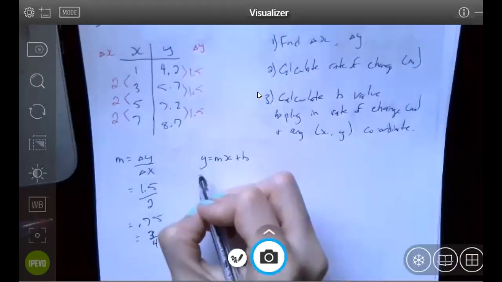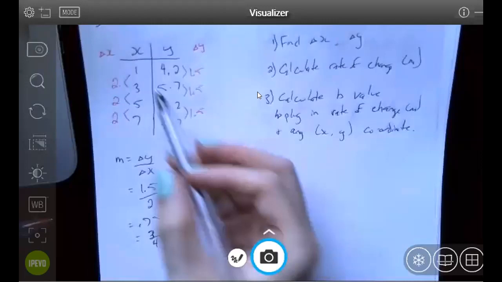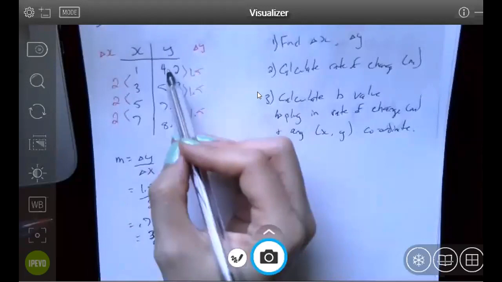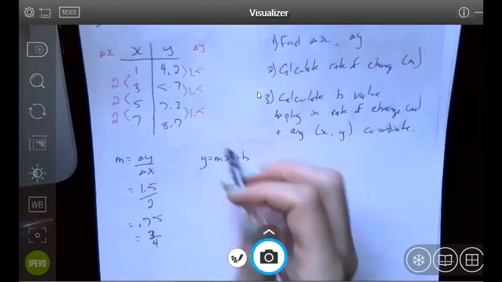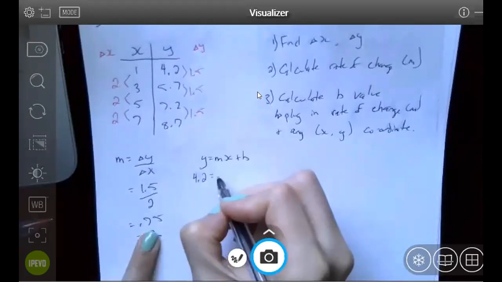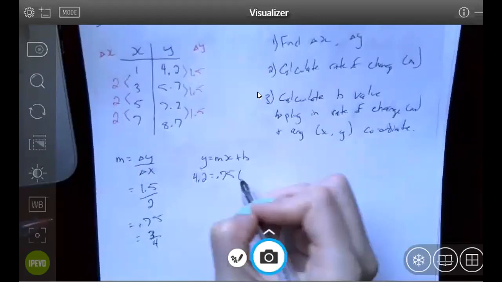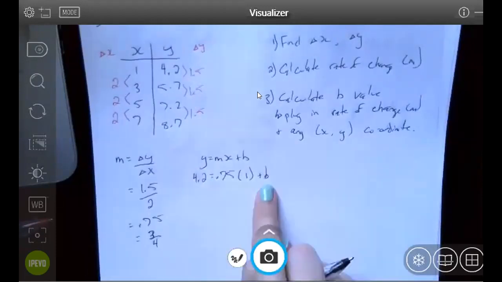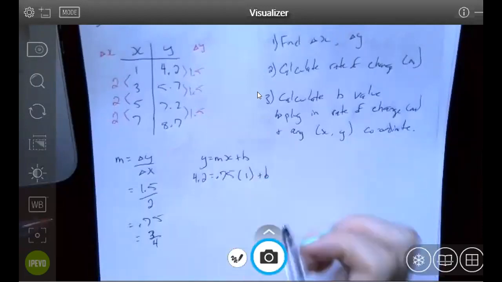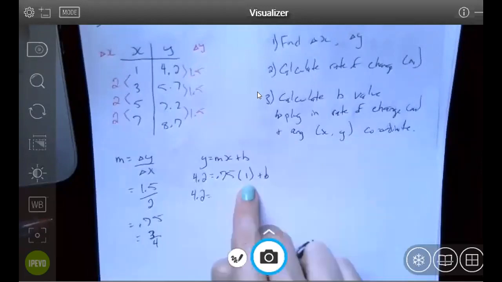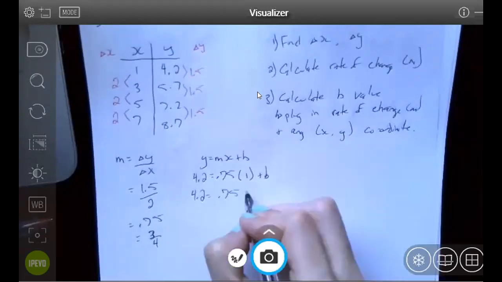So what that would look like, I might just pick this first coordinate, but you can pick any pair of numbers that go together. So our y would be 4.2, our m is 0.75, our x is 1, and then I just need to solve for b. So 0.75 times 1 is obviously just 0.75.